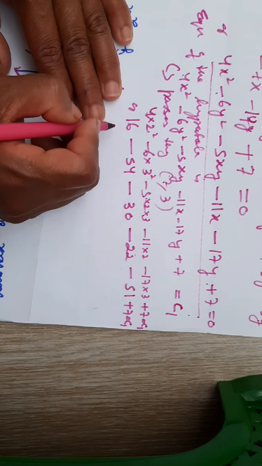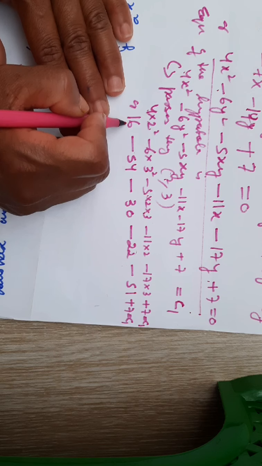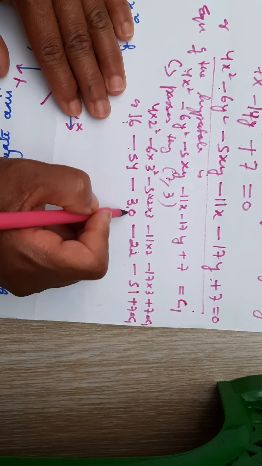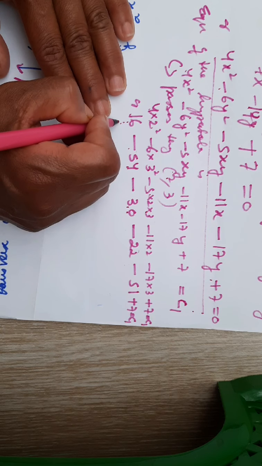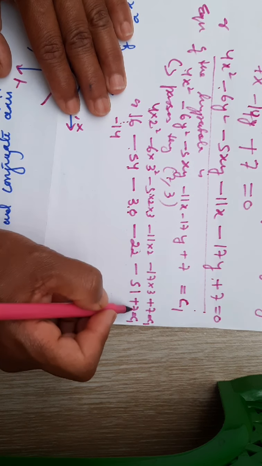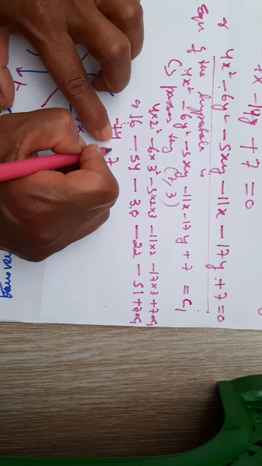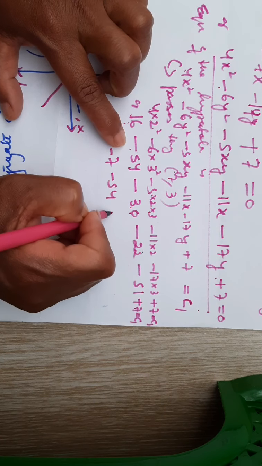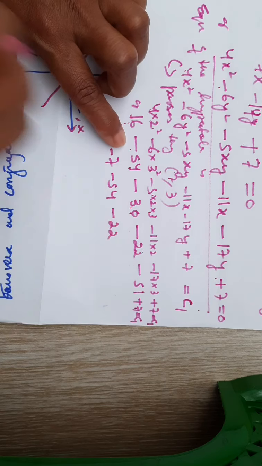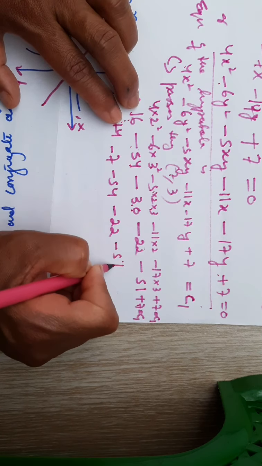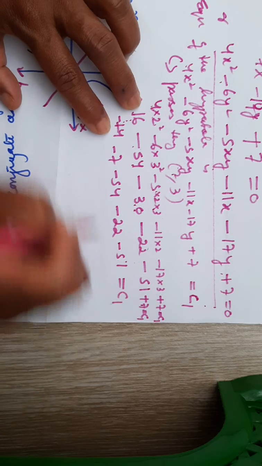So let us see what will be the value of this. 16 minus 54 minus 16 minus 30, it will give you -14. -14 plus 7, it will become -7. So -7 - 54 - 22 - 51 will be equal to C1.